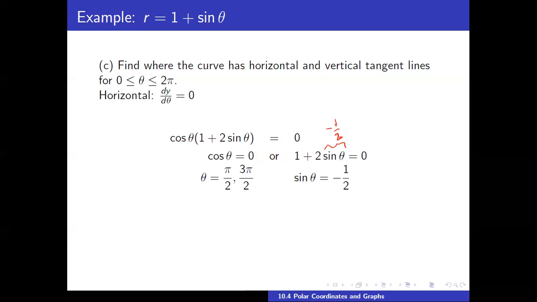So the first one is fairly easy. That's either 90 degrees or 270 degrees. The other one happens at 7 pi over 6 or 11 pi over 6, as Jared surmised. Does that make sense? 30 degrees beyond the negative x-axis or 30 degrees below the positive x-axis. That's where those two angles come from. So all four of these are potentially places where the tangent line is horizontal.